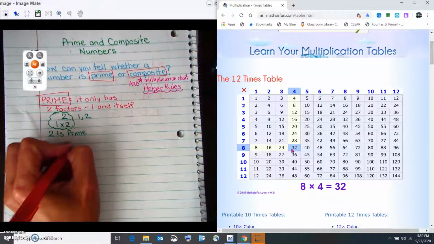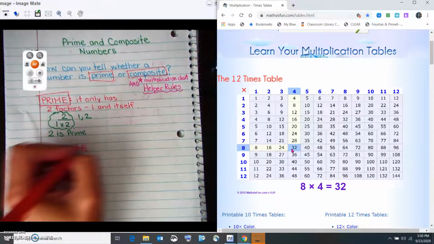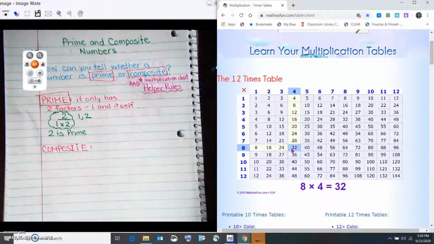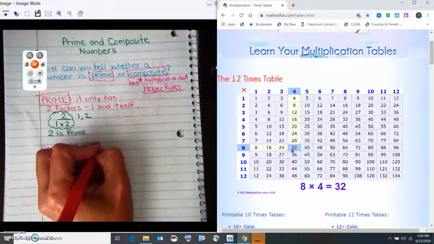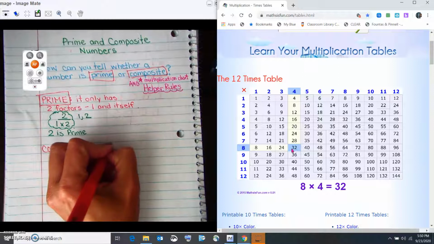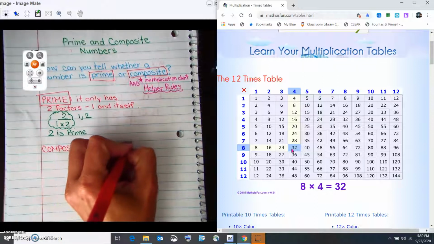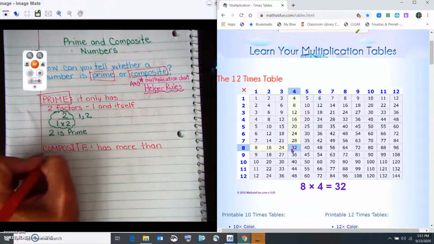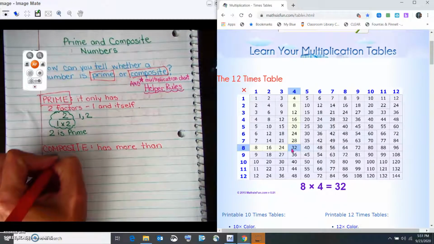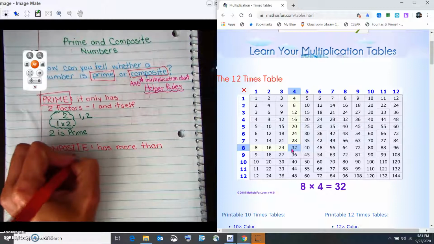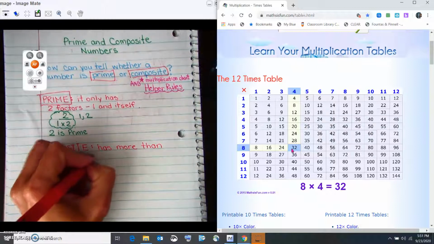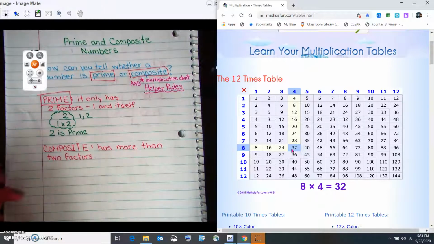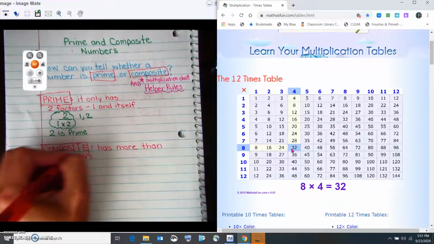Okay, so a composite has more than 2 factors. So that means that any number that has more than 1 times itself is a composite number.